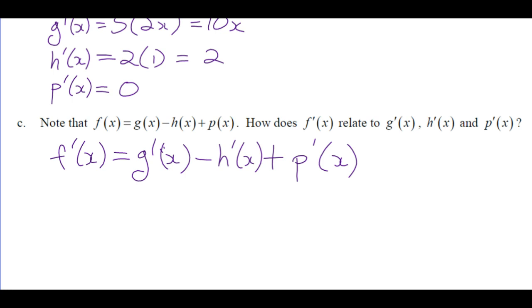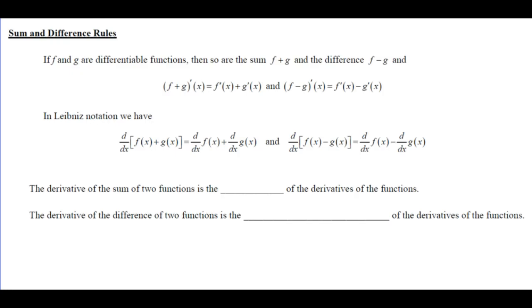Because we want to relate it to this. So it's just, hey, take the derivative of this, subtract the derivative of this, add the derivative of this. This is the whole sum and difference rules: you're just adding and subtracting terms in a function, so you just add or subtract the individual derivatives. Which leads us to the sum and difference rules.